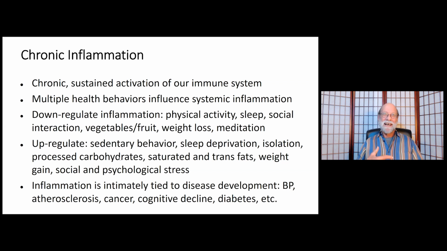And then on the other hand, the flip side is that we can make inflammation worse by being sedentary, depriving ourselves of sleep, being isolated from others, eating a diet high in processed carbohydrates, saturated fats, and trans fats. All three of these are bad. Gaining weight, and then psychological and social stress in our lives.